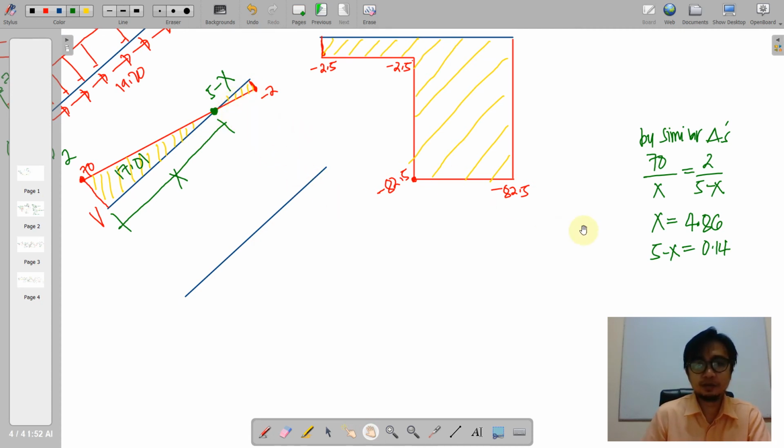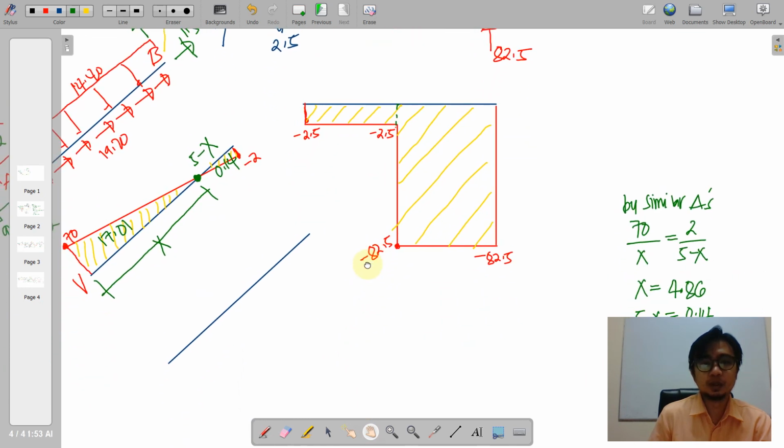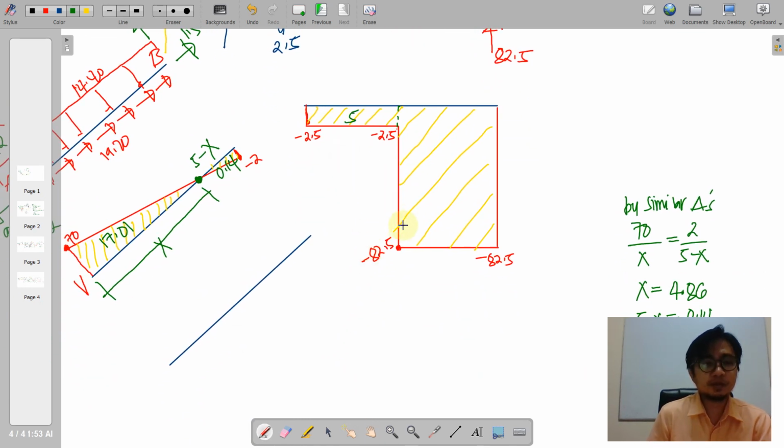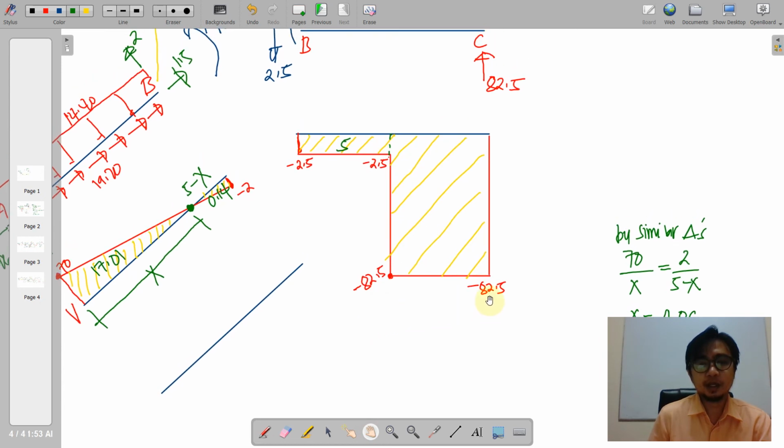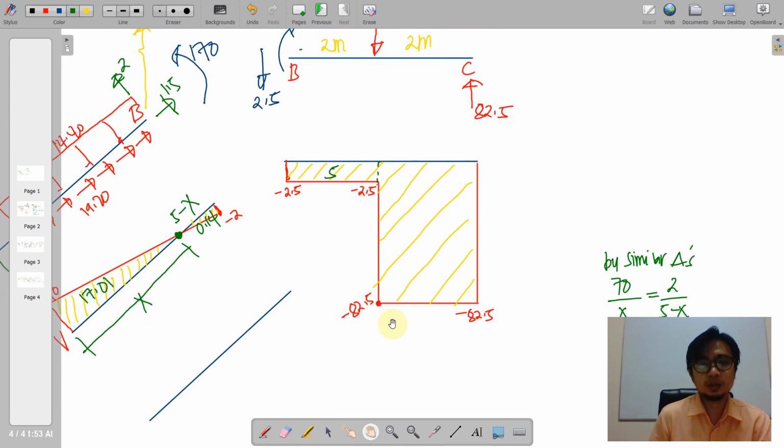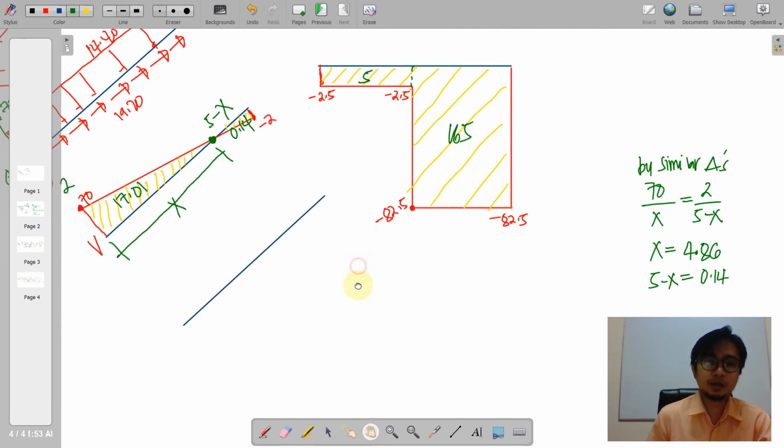We have 1/2 times 2 times 0.14, which is 0.14. For our convenience, let us complete our computation on the rectangles here. Say we have these two rectangles, 2.5 by 2, and then 82.5 by 2 is 165.